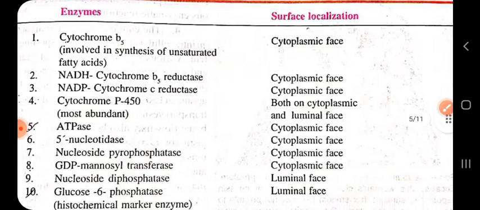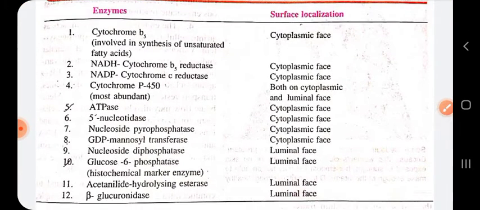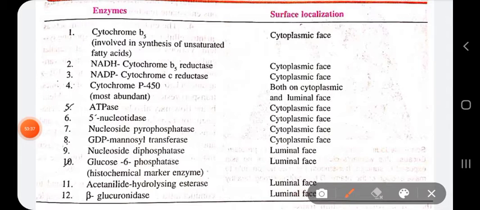This is the table that I was talking about. It shows where these enzymes are located on the membrane. You can see that NADH cytochrome b5 reductase and magnesium-dependent ATPase are found on the cytoplasmic face of the membrane.